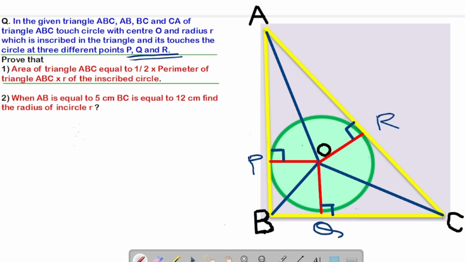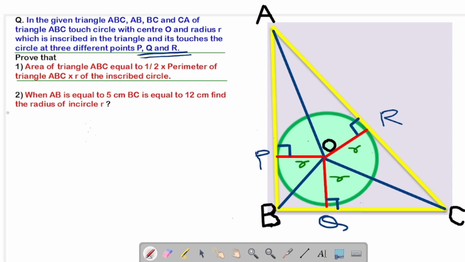Now as we said, P, Q, R are the three points of contact of tangents AB, BC and CA, as per the question given, right? Since these three are the radii of the circle, we need to prove that the area of triangle ABC is equal to half of the perimeter of triangle ABC into r, the radius of the inscribed circle, right?